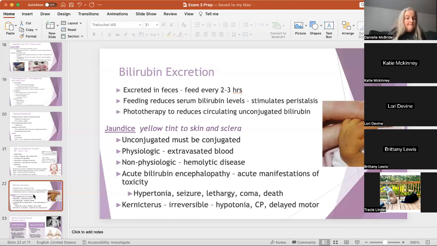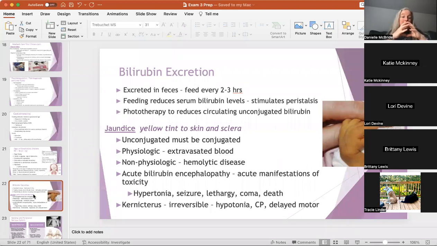Phototherapy. Light. Okay, good. Phototherapy. Why? What is that going to do for my baby? It's going to break down the bilirubin. Good. Okay. So with bilirubin, we have this term unconjugated and conjugated. I think about unconjugated bilirubin like it's a big chunk.